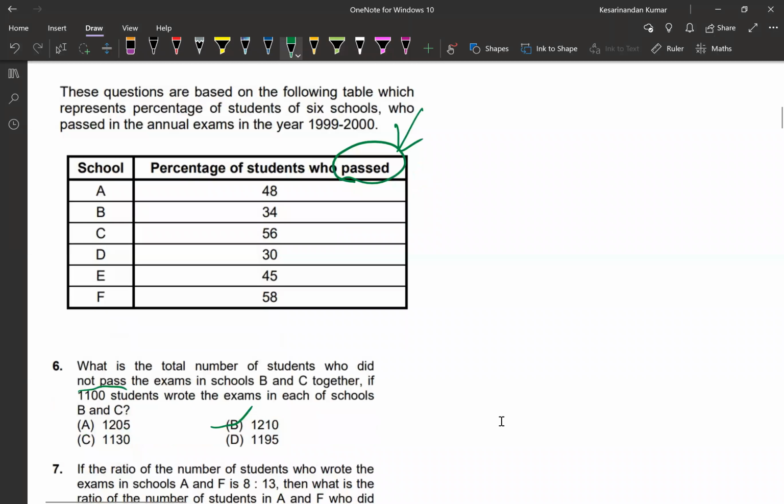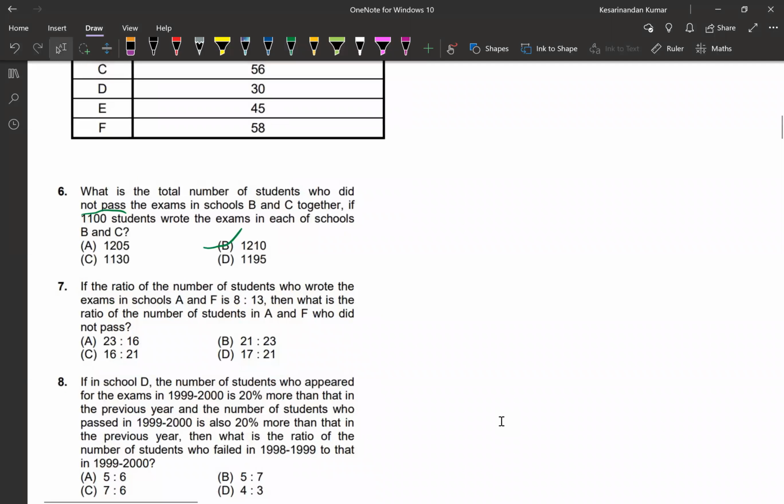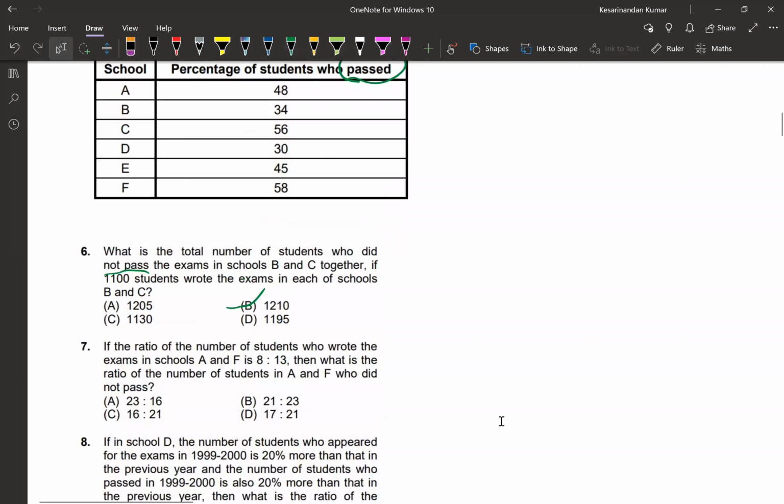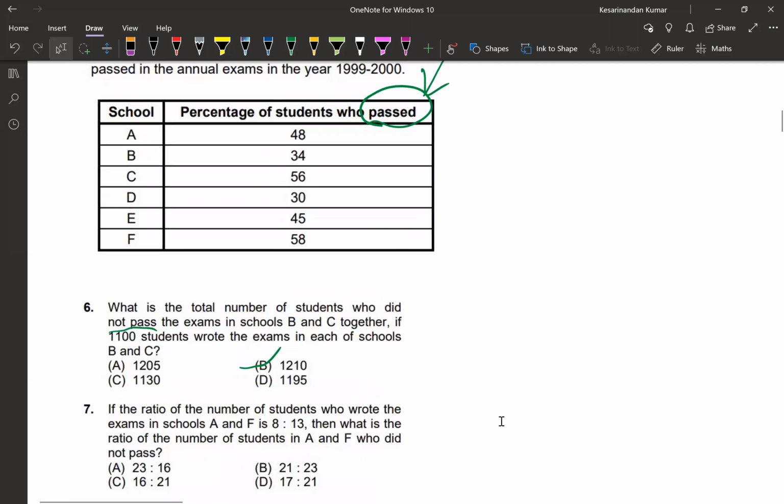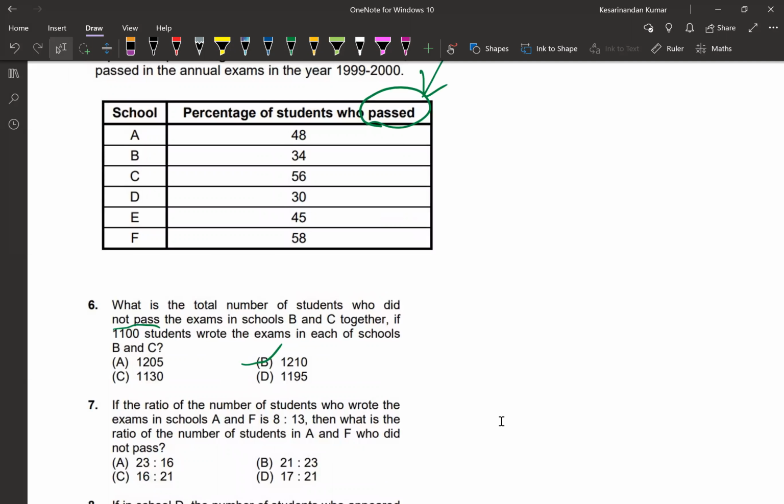Got it. Now tell me the concept that you will use in the 7th question. Now it says in A and F, the number of students are 8 and 13, so if in A it is 800, in F it is 1300.